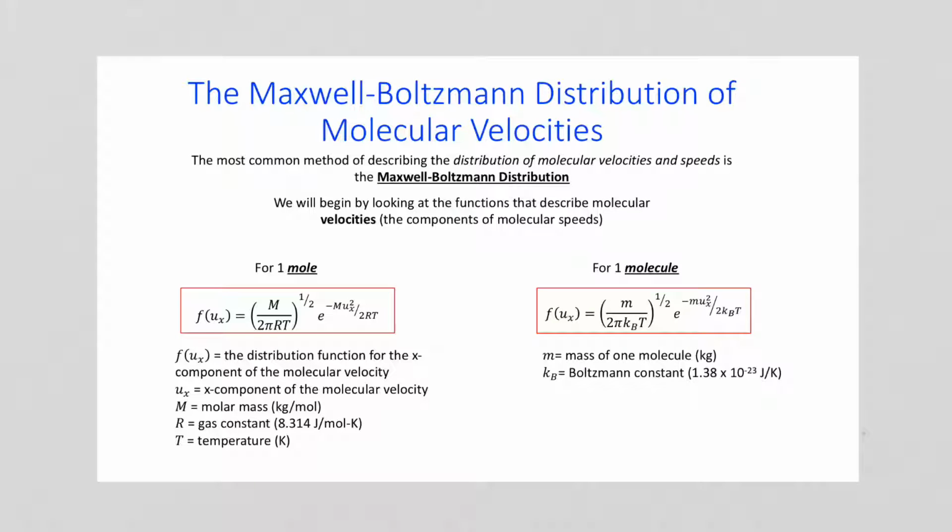The most common method of describing the distribution of molecular velocities and speeds is, as I mentioned, what we call the Maxwell-Boltzmann distribution. Now, your book goes through the history of how Maxwell and Boltzmann derived these relationships.